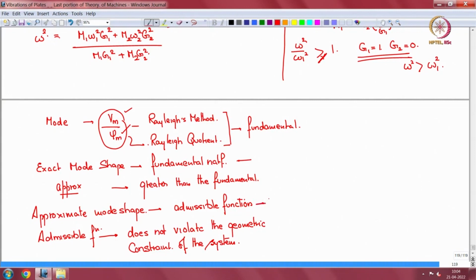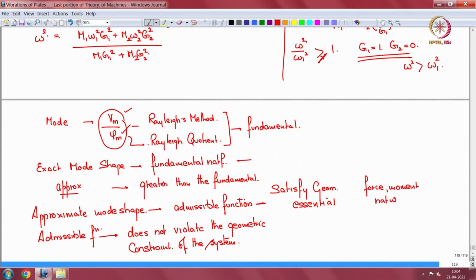What is admissible? They satisfy the geometric boundary conditions, the displacement boundary conditions, which are called the essential boundary conditions, whereas the force and moment types are called natural boundary conditions.